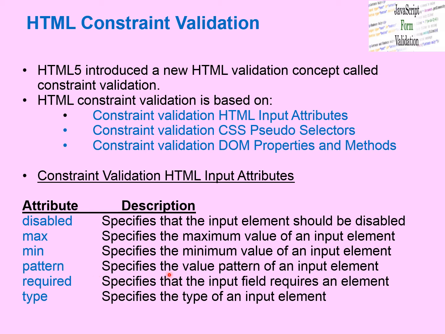Required specifies that the input field requires a value. Type specifies the type of an input element. So disabled means the user does not have permission to enter data, max and min specify the maximum and minimum values, pattern specifies the value pattern, required means it is a compulsory field, and type specifies the type of input element.